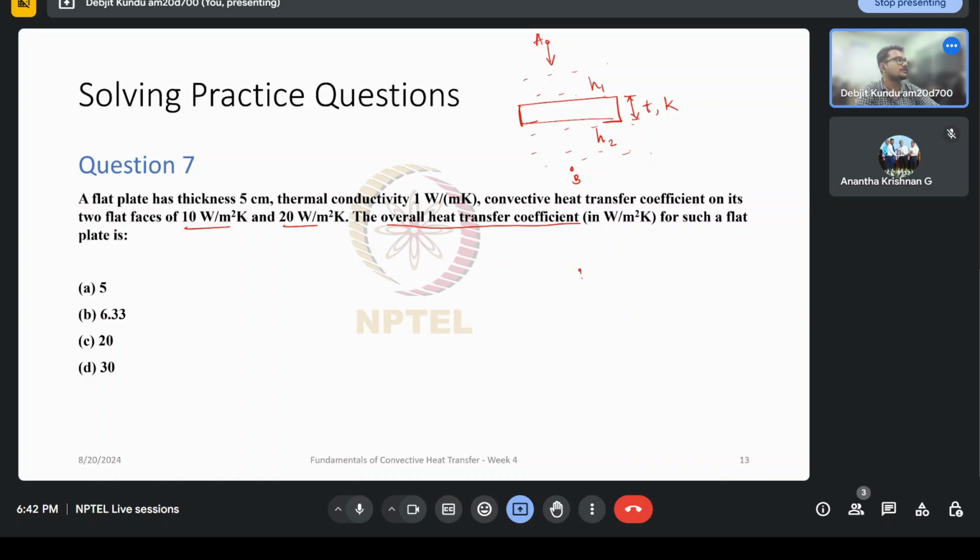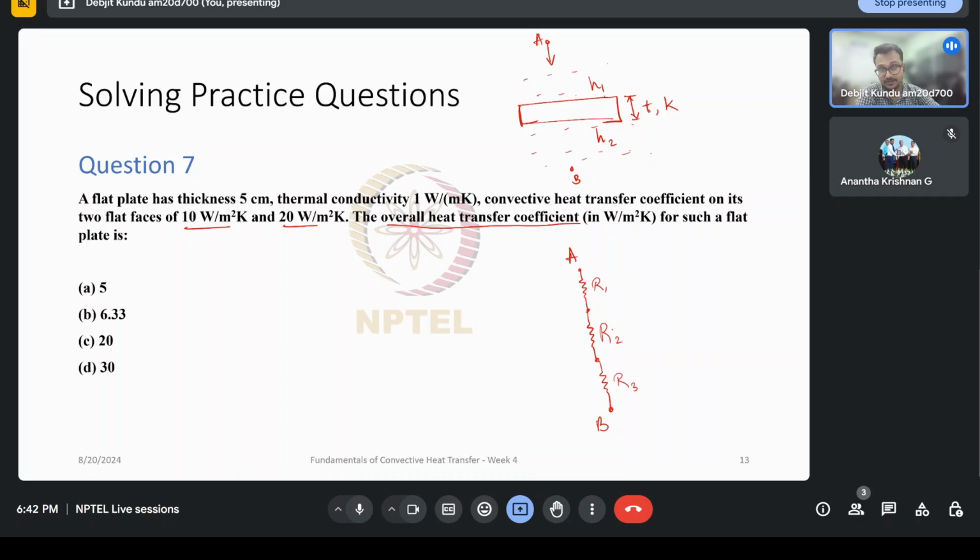I have one resistance here, which is this fluid on top of this flat plate. Then I have another resistance, which is the conductive resistance through the flat plate. And then there is another fluid which acts as another resistance. So there are three resistances connected in series like this from point A to B. We'll call these resistances R1, R2, and R3.